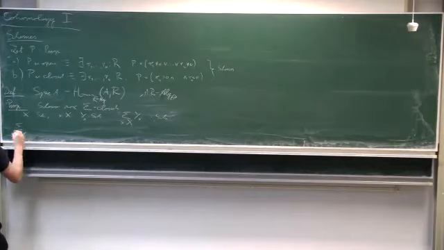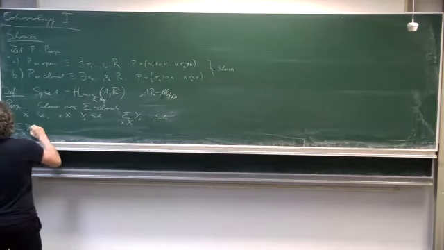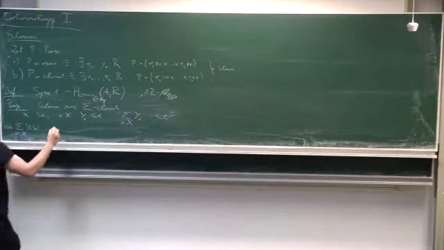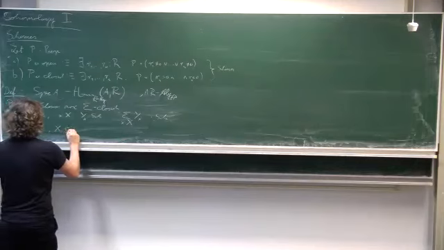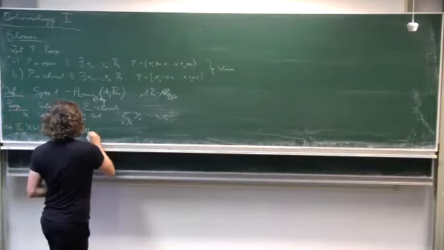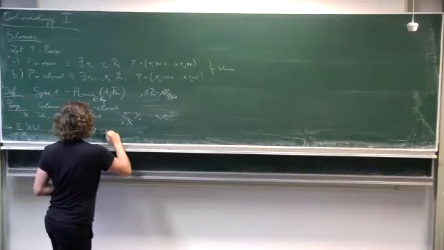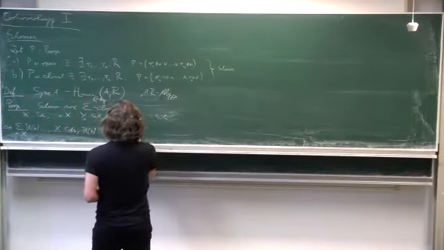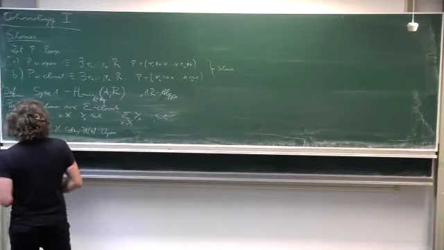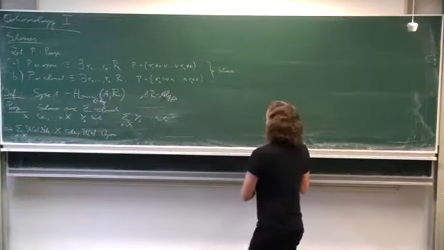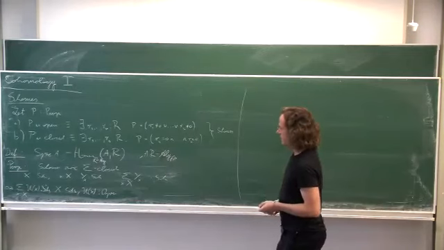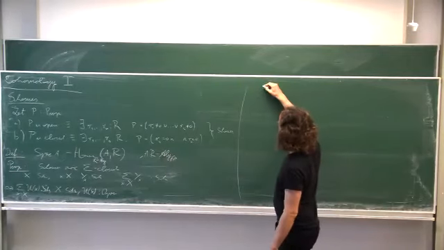So I have some scheme X and some open proposition U(x) for all x, then this thing is a scheme again. And the same for closed, of course.